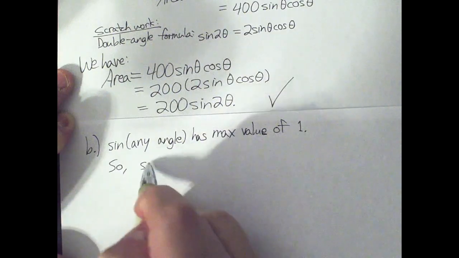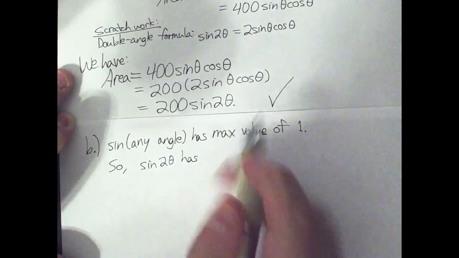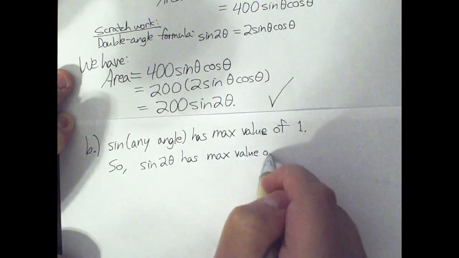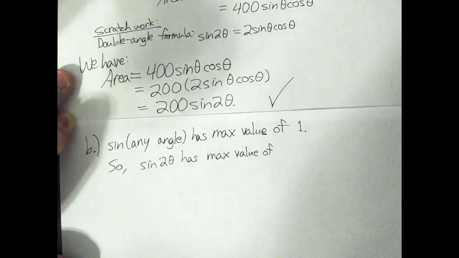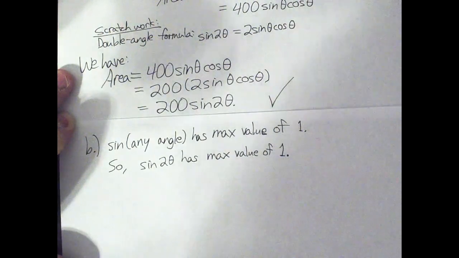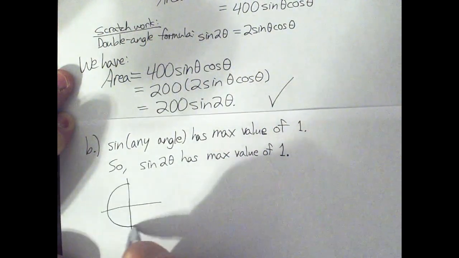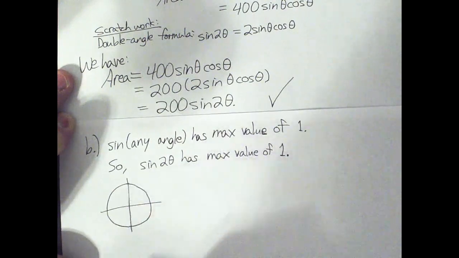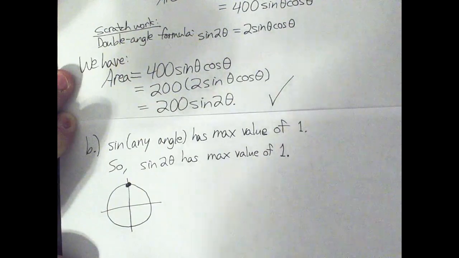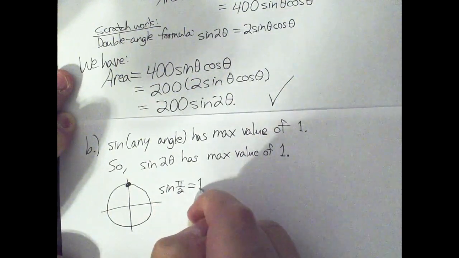So what's the max value of sine of 2 theta? It's still 1, right? 2 theta is just some angle. Where on the unit circle does sine equal 1? It's up here. It's sine of pi over 2 that equals 1.